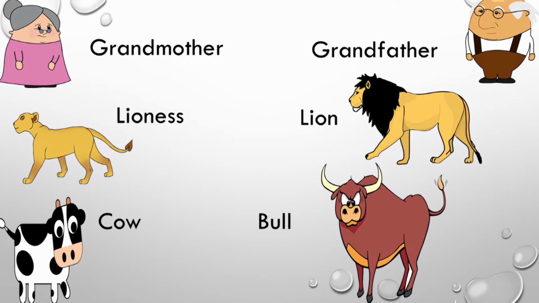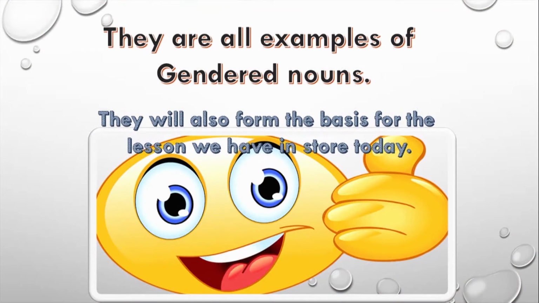So is there a link? Is there some commonality between what's on the left and what's on the right? Each and every one of those that we would have just talked about would be an example of what you call a gendered noun. And that's what we are going to be focusing on today.